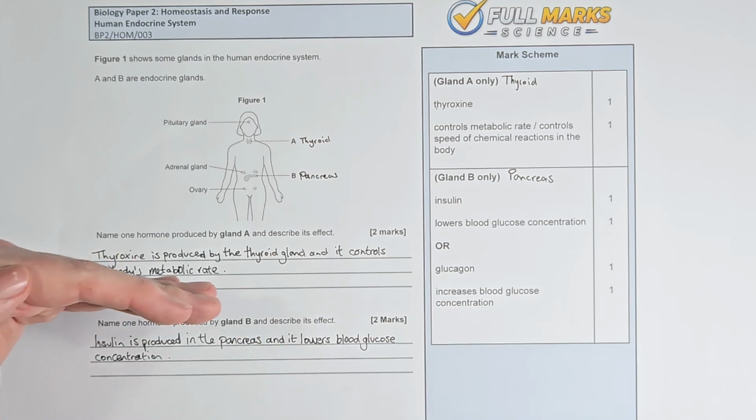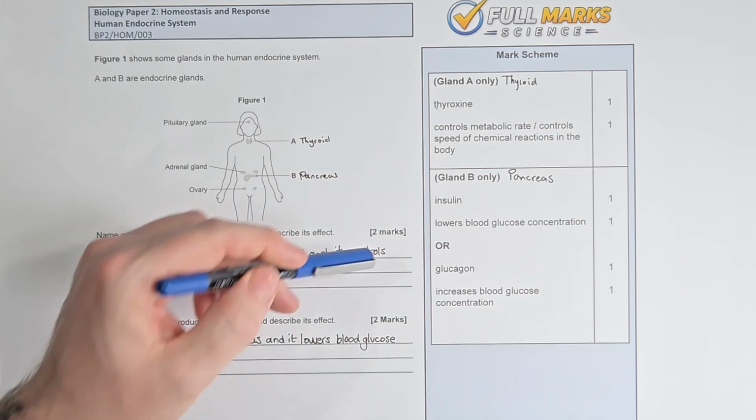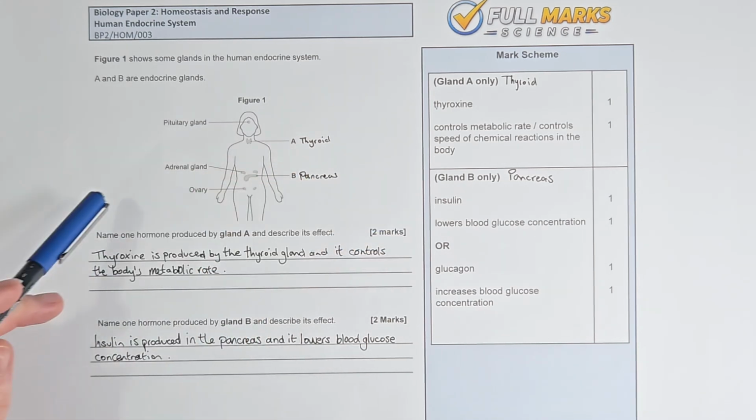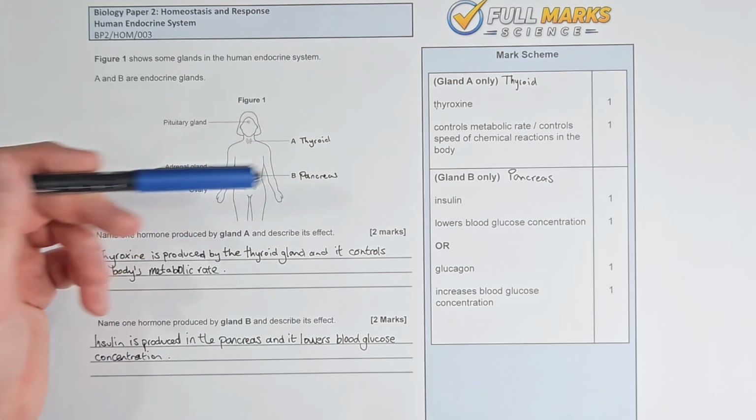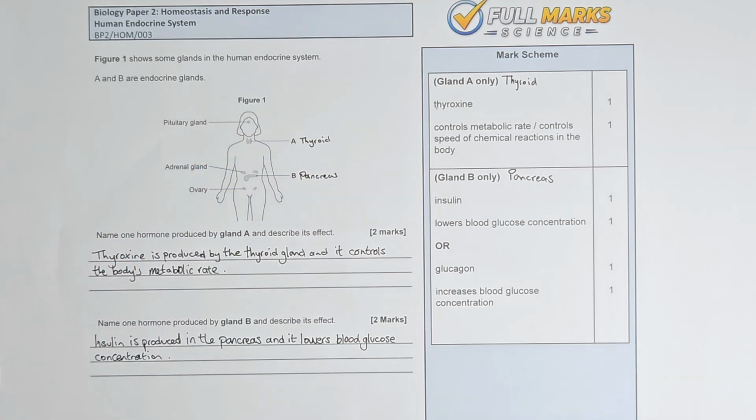And this is a thing that you can do mentally when you get a question. And maybe had this been 4 marks and it said, name the hormones produced by glands A and B and describe their effects for 4 marks, you could then mentally split it into gland A, say what it is, what it does, then do gland B, say what it is, what it does, and then you've got your 4 marks really easily.